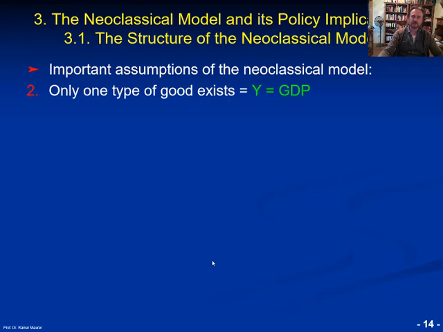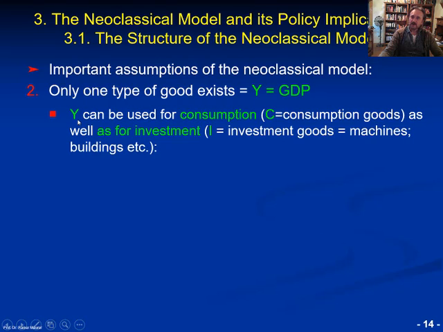Another important feature of this macroeconomic textbook model is the assumption that only one type of good exists, namely GDP. We will use the shortcut Y for GDP in the following. It's typically used in all textbooks. GDP can be used for consumption as well as for investment.